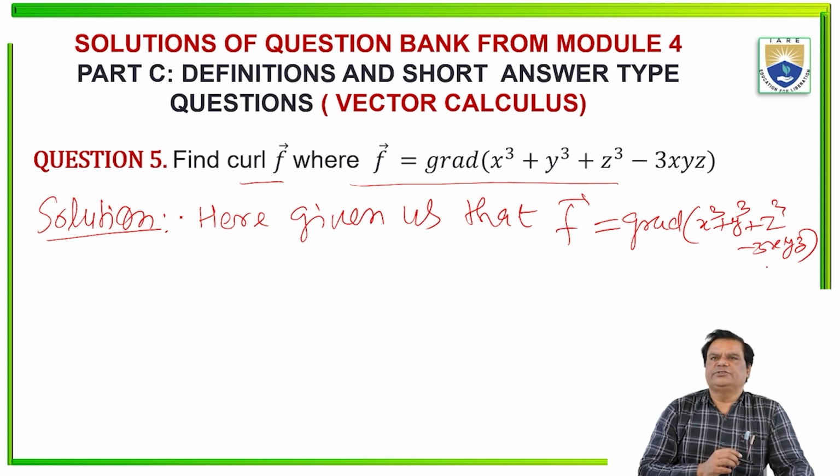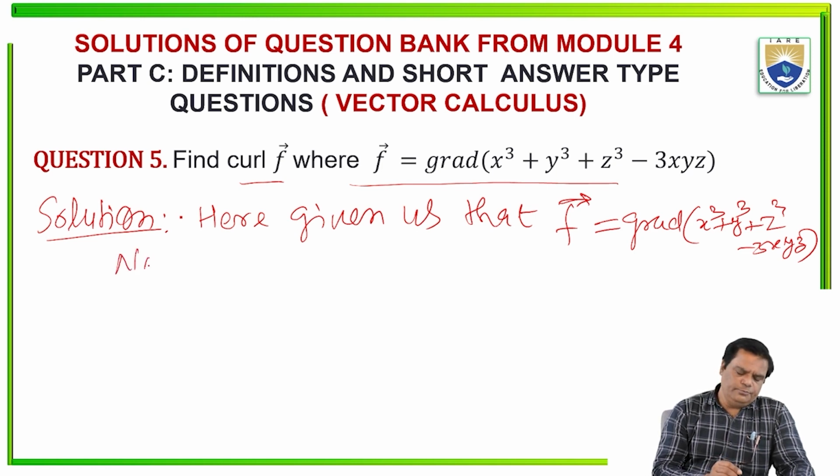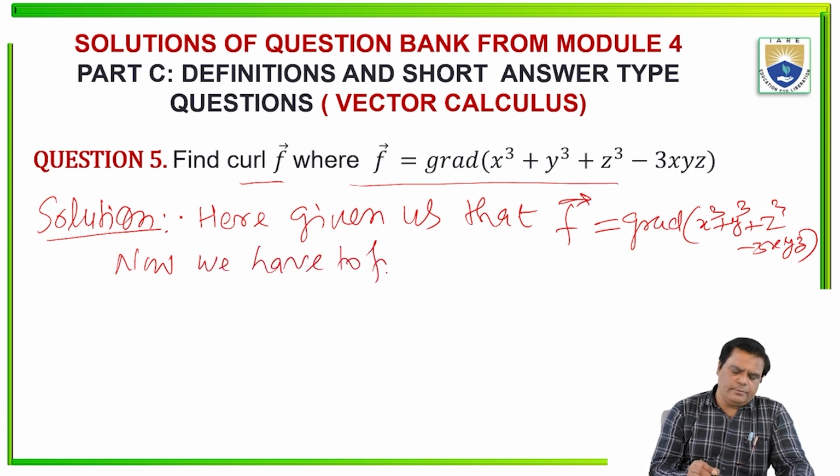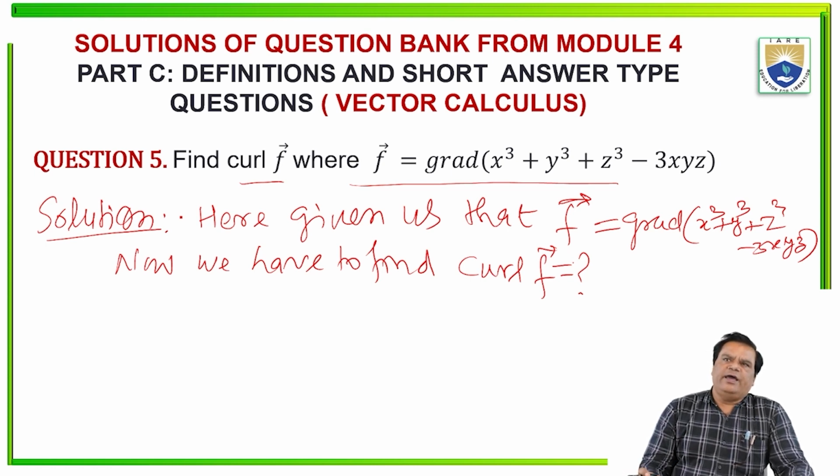Okay, this vector point function is given. Now we have to find curl f. Curl of vector f, this we have to find. So here first of all, what is f vector here?